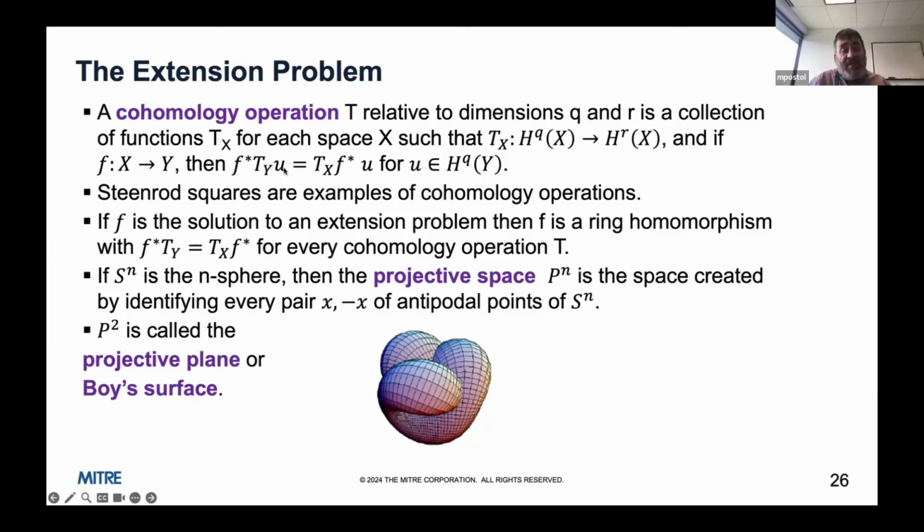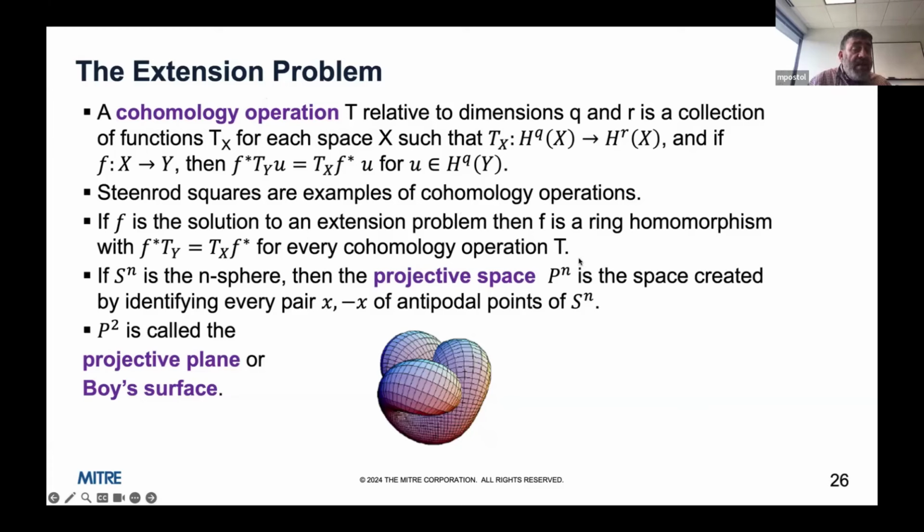So F star of T_Y of u is T_X of F star of u. If u is in H^q, it doesn't matter if you use F star to take that to H^q of X and then go up to H^r of X, or if you go up to H^r of Y and then go back to X. Okay, that'll work out.